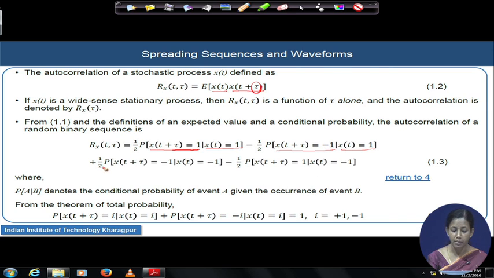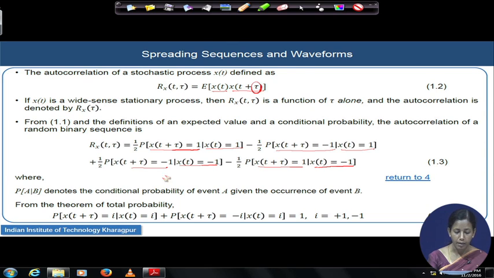Also, there is a probability half of the times that I transmitted -1 and I received -1 as the delayed version, and subtracted from that there is a probability that I transmitted -1, but wrongly received +1. So, these are the correct probabilities of receiving the correct transmitted symbol, and these are the probabilities of the errors. The total of all this is the autocorrelation value that is defined.